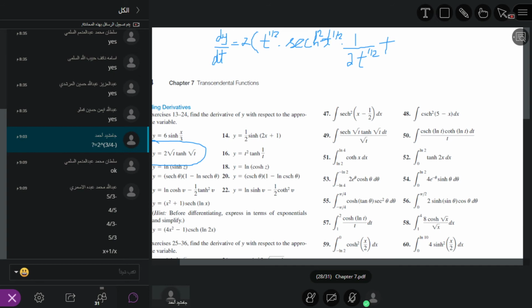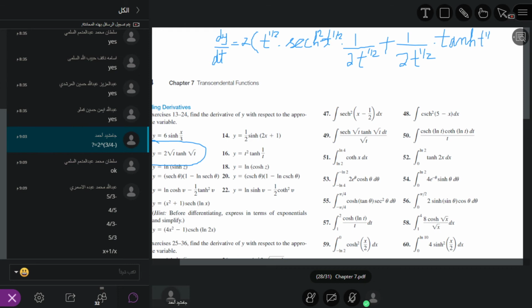Now, second function the same. We find the derivative of the first function. The derivative of t power 1 by 2 is 1 over 2 t power 1 by 2, times the same function, tan hyperbolic t power 1 by 2.